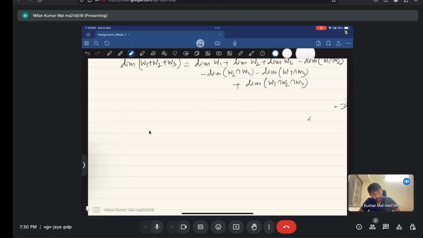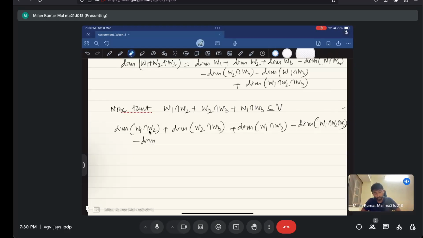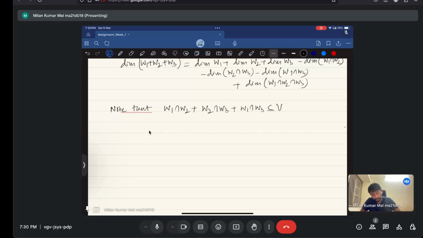I'll prove it. So note that W1 intersection W2 plus W2 intersection W3 plus W1 intersection W3 is a subspace of the vector space V. Therefore, basically what I want to prove here is that this is the formula for the dimension of a sum of three elements.